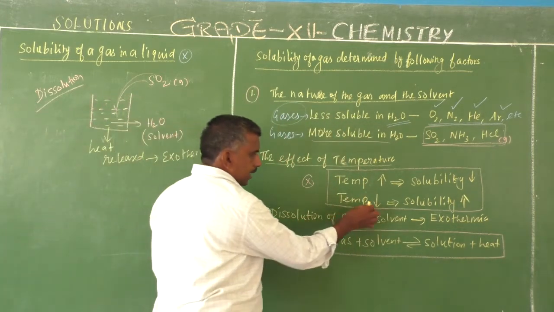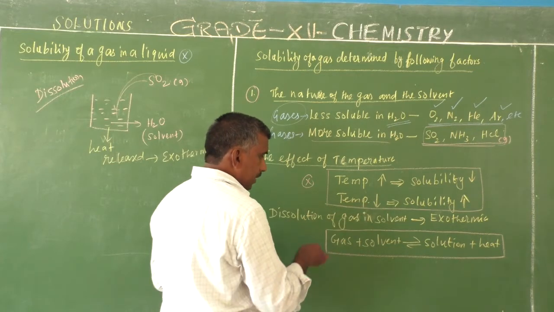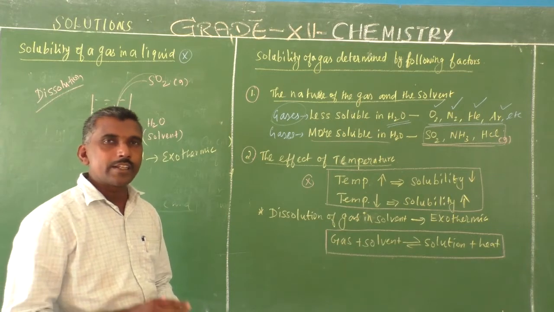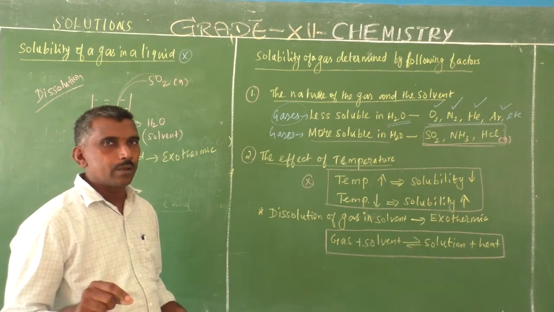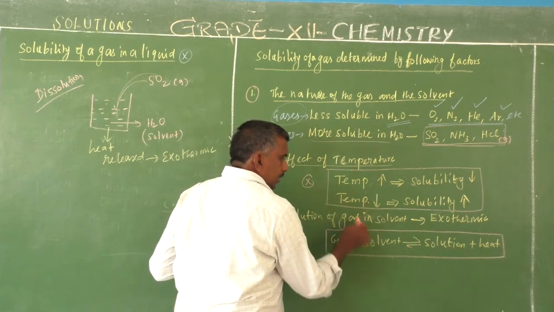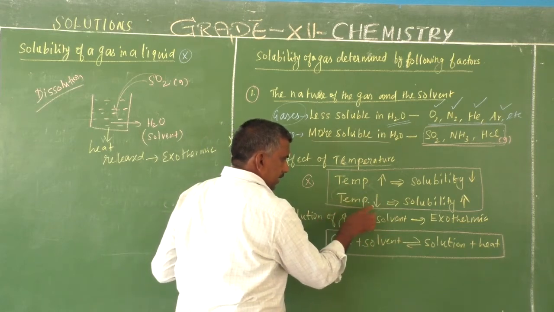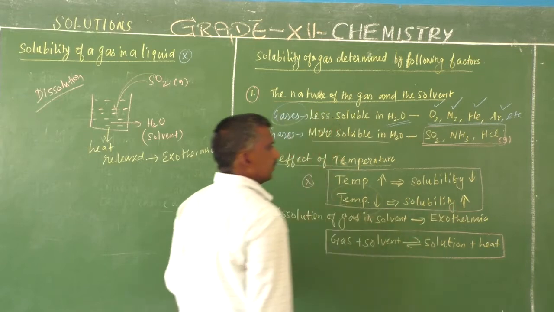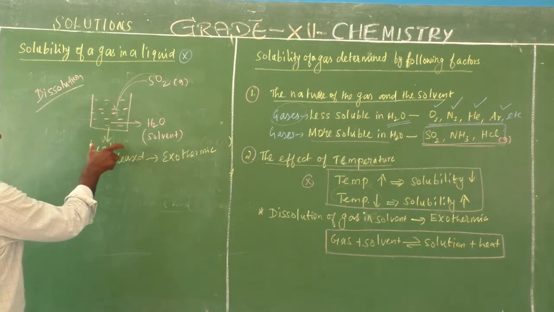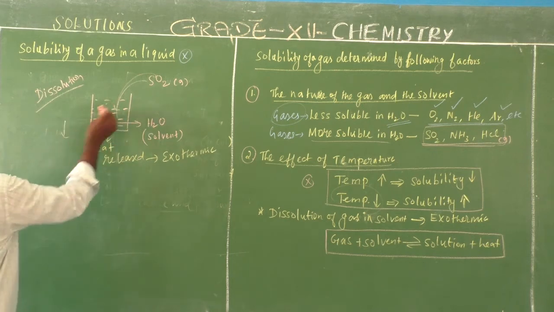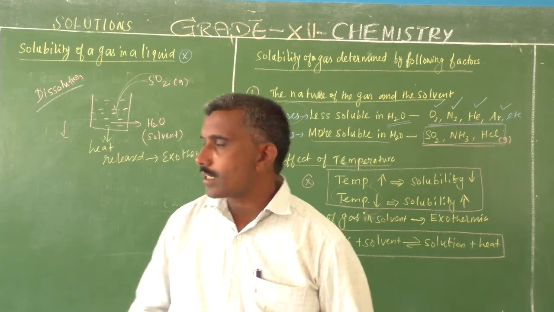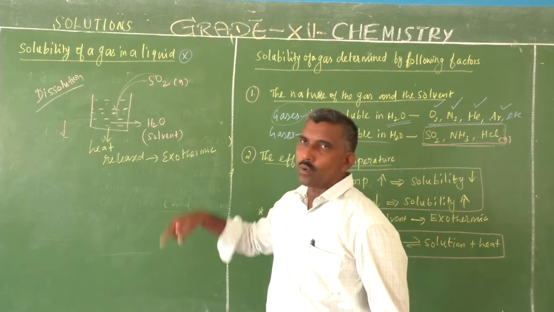Exothermic reaction means temperature is decreasing, as per Le Chatelier's principle, which you study in the 11th standard chemical equilibrium lessons. In an exothermic process, temperature decreasing, solubility increasing. So in this system, with temperature decreasing, the maximum sulfur dioxide dissolves in water.